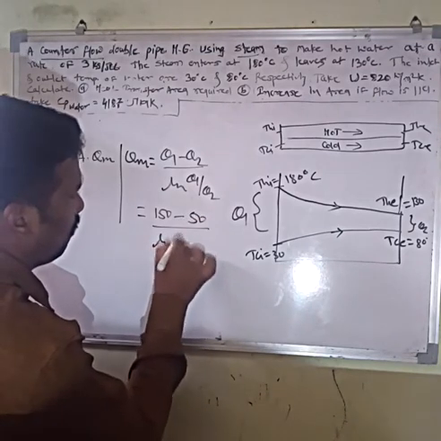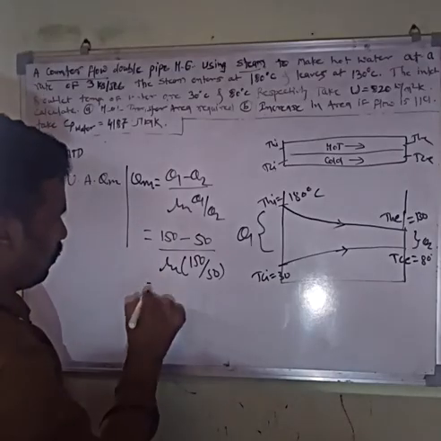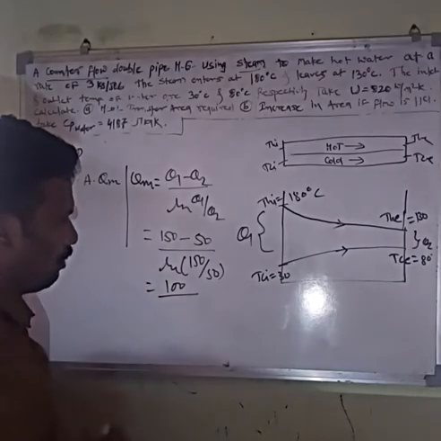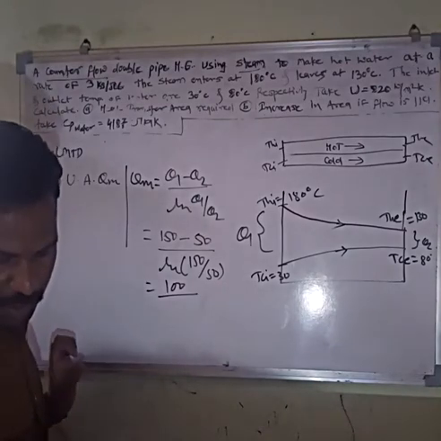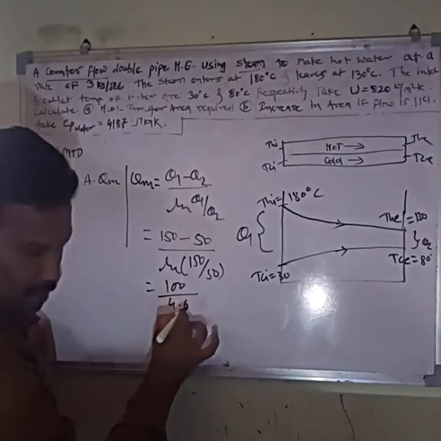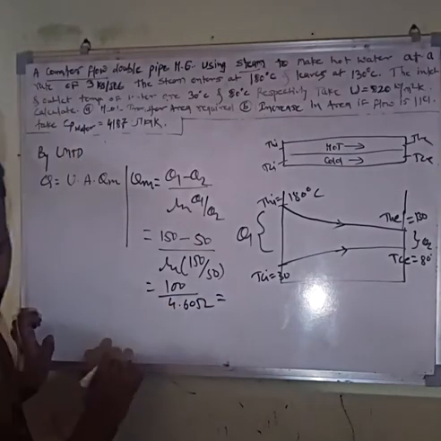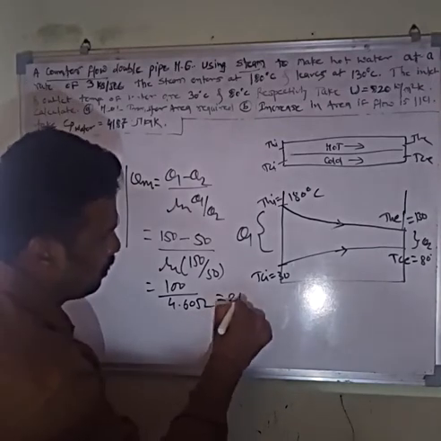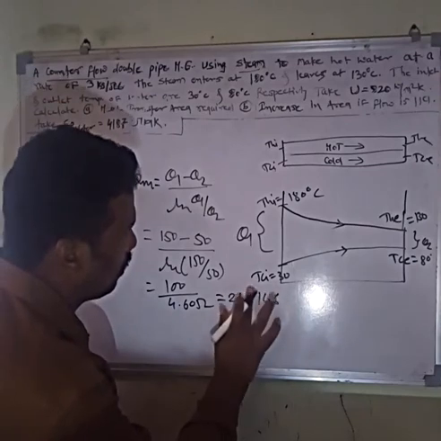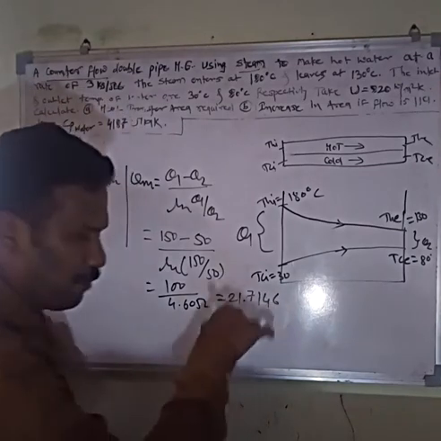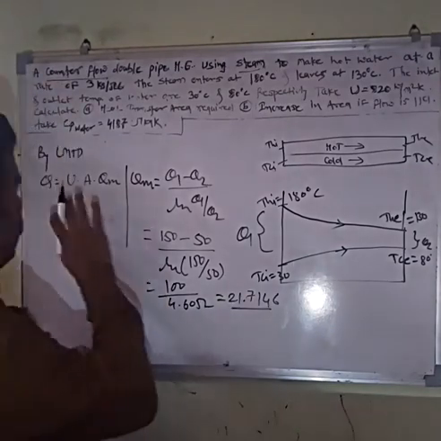So it is 150 minus 50, which is 100, divided by ln of 150 by 50. ln of 3 gives us 1.0986, so theta m equals 21.7146 if calculated accordingly. You can calculate again and check later. Now put this value in this equation.